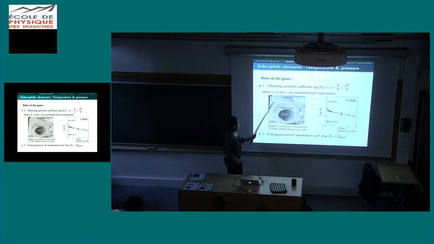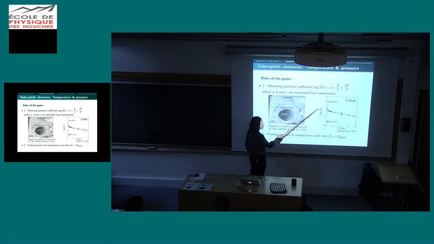Here you have an example of a sample from a diamond cell experiment from Fischer et al. 2015, and you see here quenched silicate melt, and here quenched liquid metal, which indicates that this part of the silicate melted. The idea is to measure the composition in this part and deduce the partition coefficient, and they do that at different pressures and temperatures.